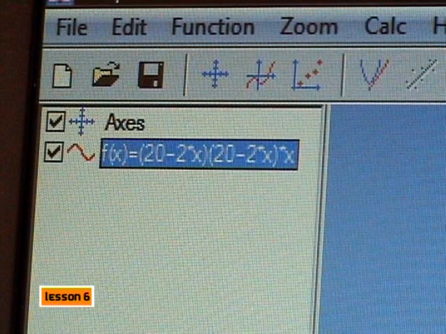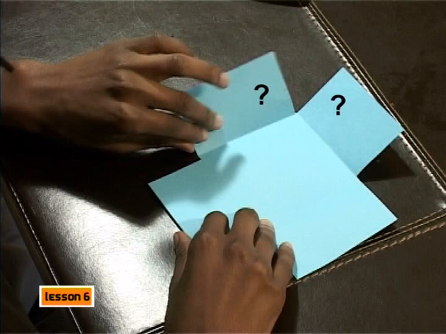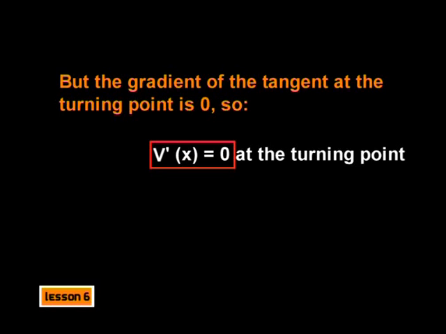Once we had developed some confidence in differentiating simple functions, we returned to our original problem of finding the length of the square that needs to be cut from each corner of a 20 centimeter by 20 centimeter piece of cardboard to make a rectangular box with the greatest possible volume. We realized that the maximum volume would occur when the derivative of the volume function was equal to 0.